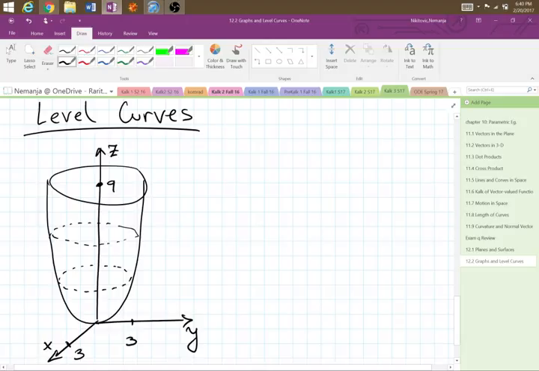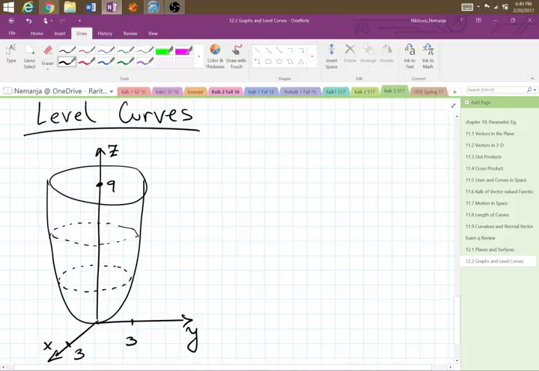X and Y is defined by a circle. Awesome. Three squared.